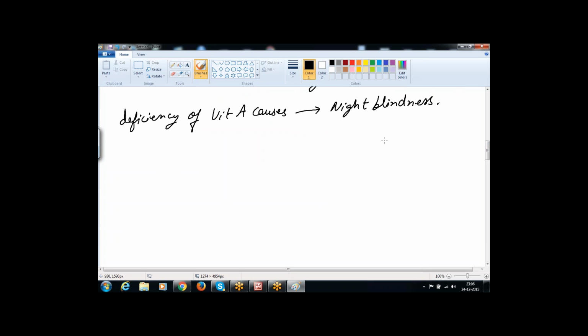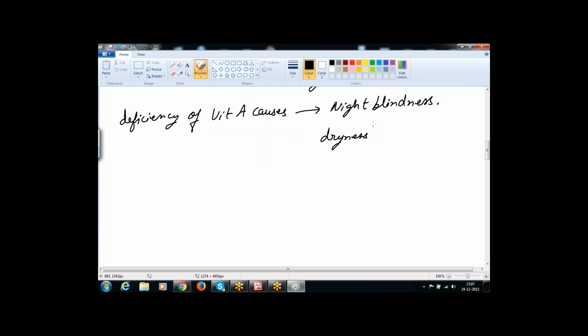Not only that, there are changes in the conjunctiva and various other parts of the eye. So there is dryness of conjunctiva.